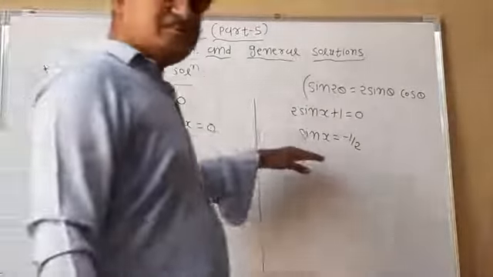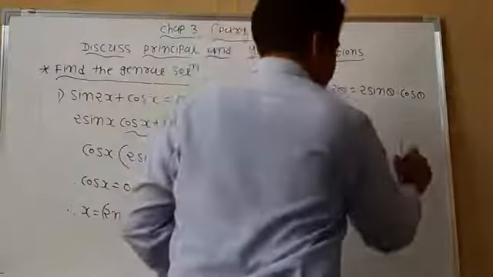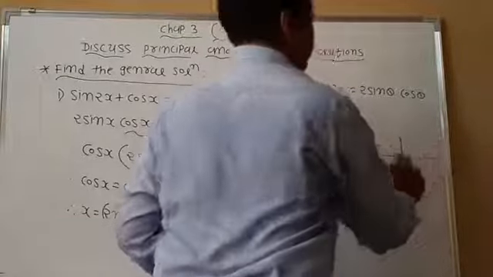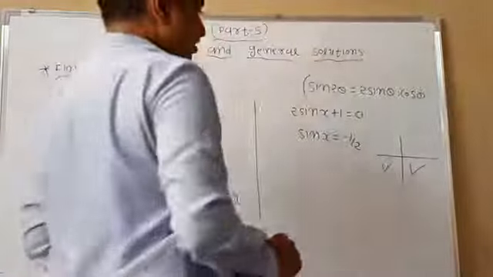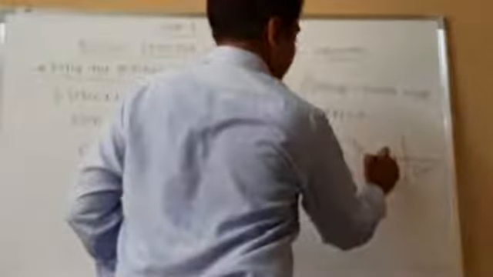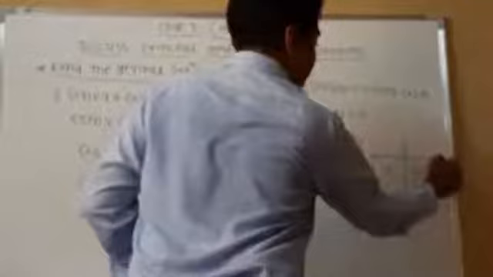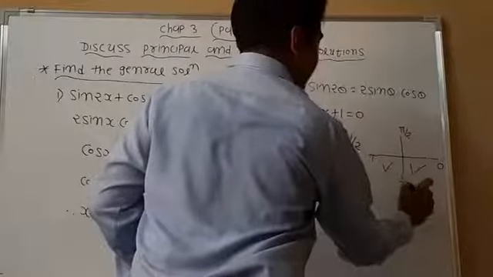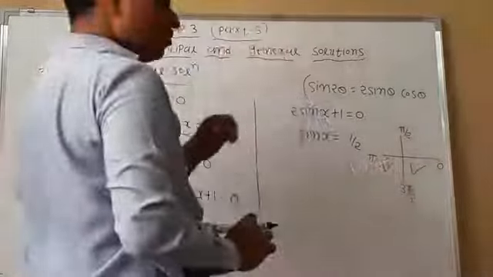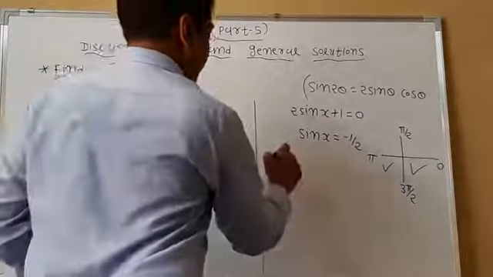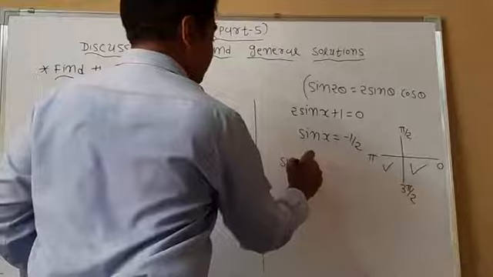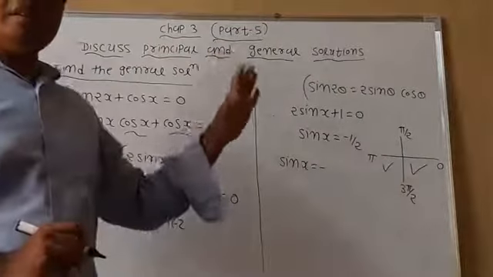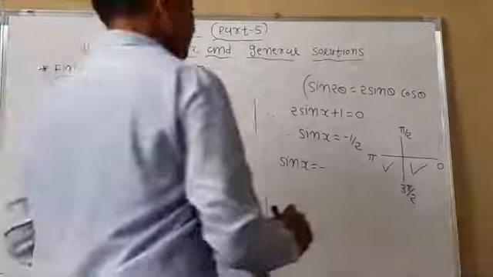Now decide in which quadrant sine is negative. Sine is negative in the third and fourth quadrant. So here remove this minus sign. Here written pi, 0, pi by 2, 3 pi by 2. Right? Sine is negative in the third quadrant. So how can it be written? sin x is equal to minus... Now we know that sin pi by 6 is 1 by 2.